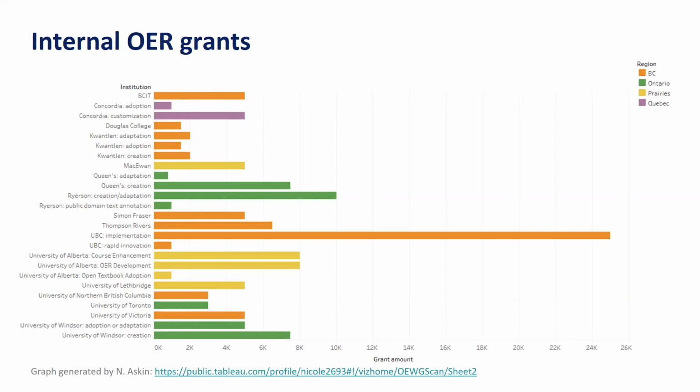The amounts for creation, which probably is not a surprise, are usually highest, with the lowest amounts reserved for review and adoption of an OER. Other institutions redistribute funding that's provided by provincial governments or organizations. Some of them are in the works, for example, in Prince Edward Island.